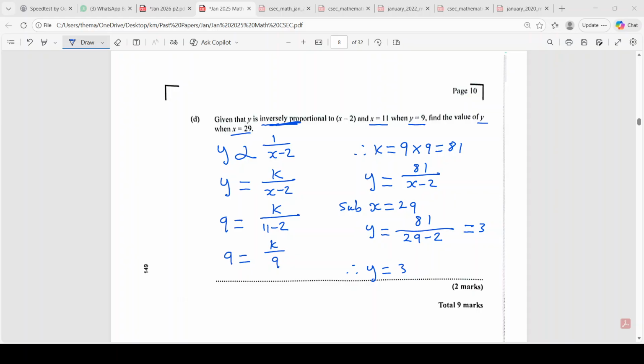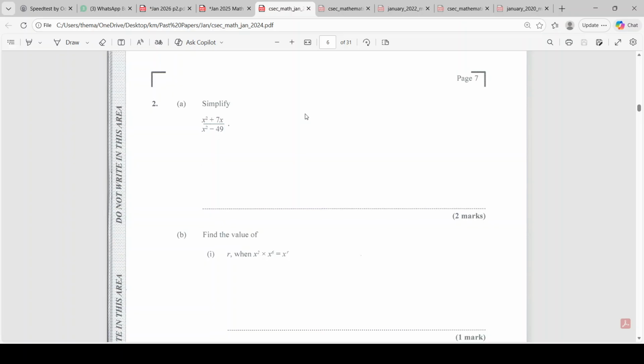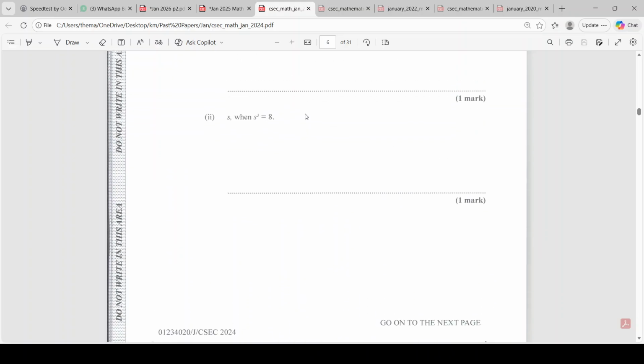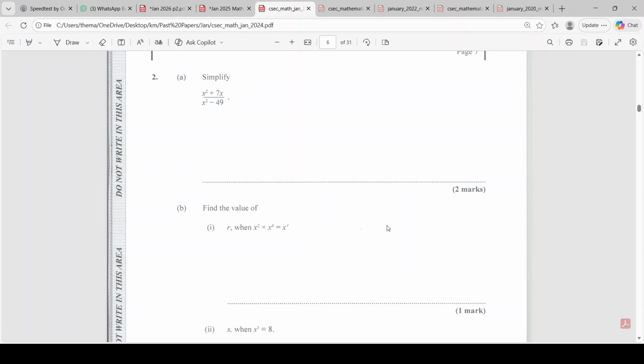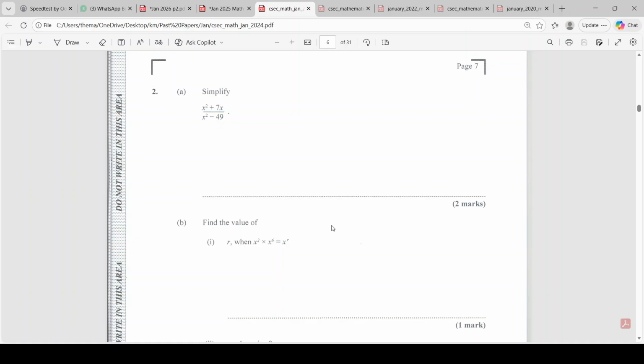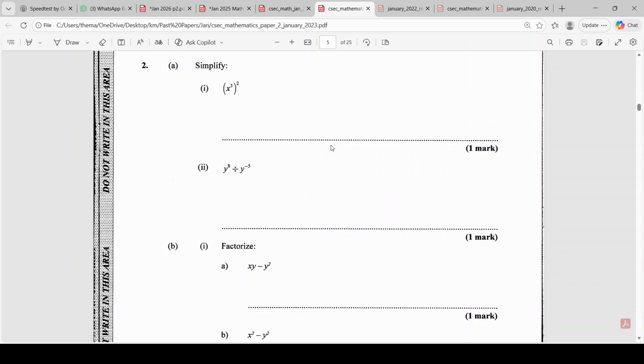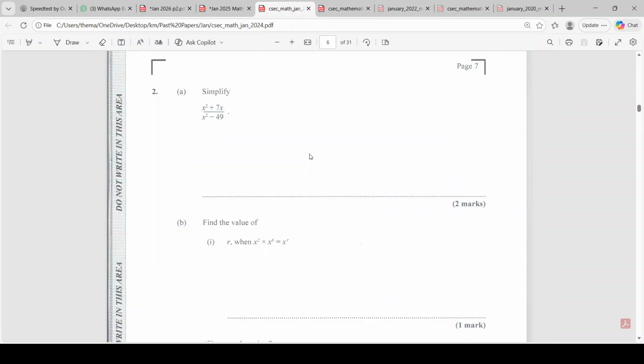All right, so let us look at 2024. Similar to that.